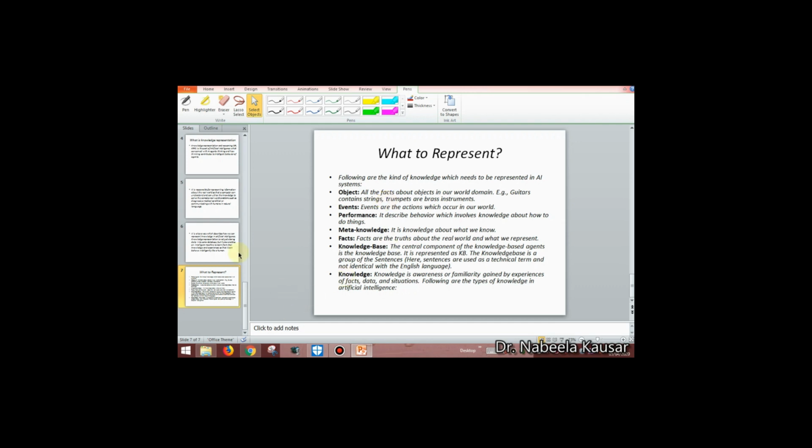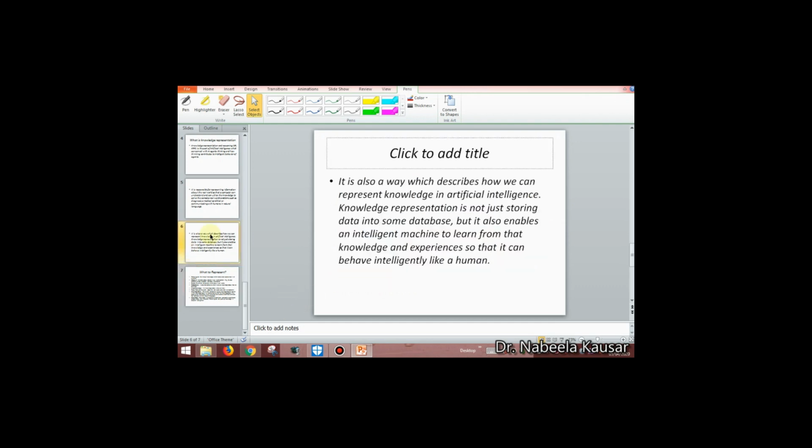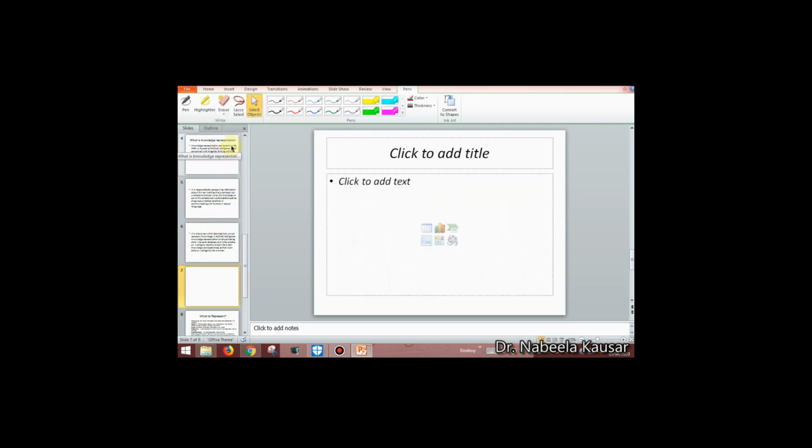So knowledge representation is presenting knowledge to the computer so that it may perform complex tasks, and this knowledge may be presented in the form of a database. And there are different methods to represent the knowledge.